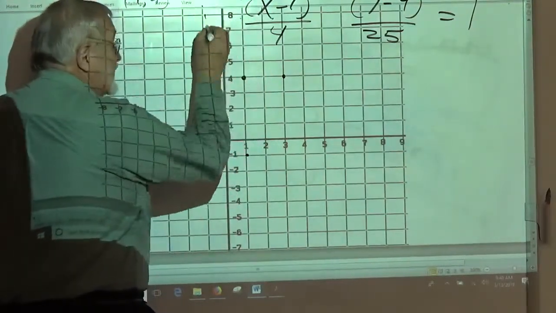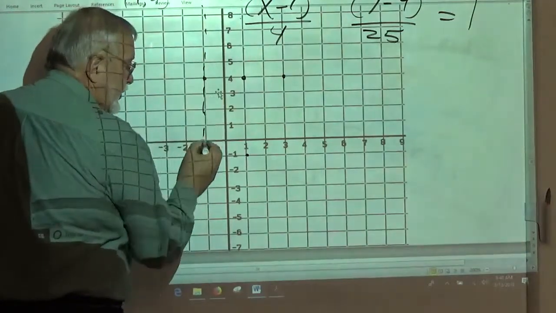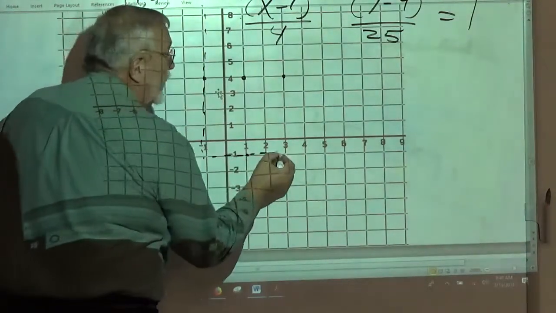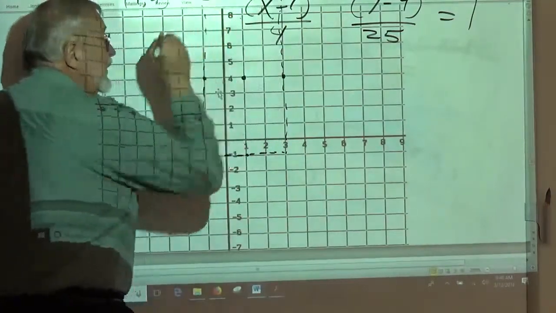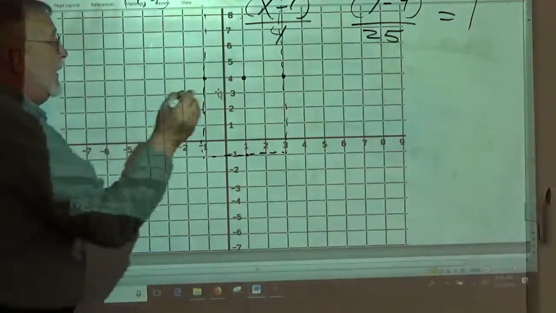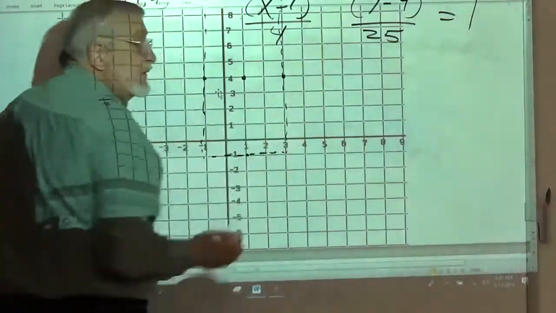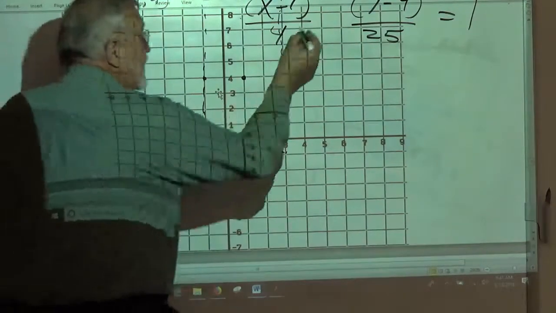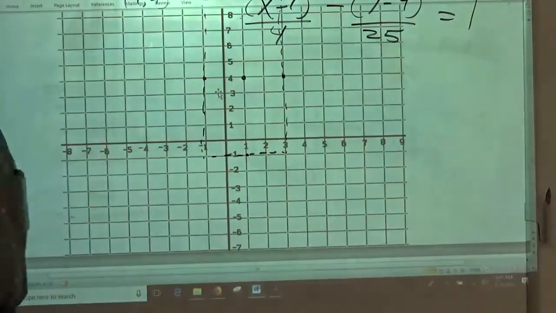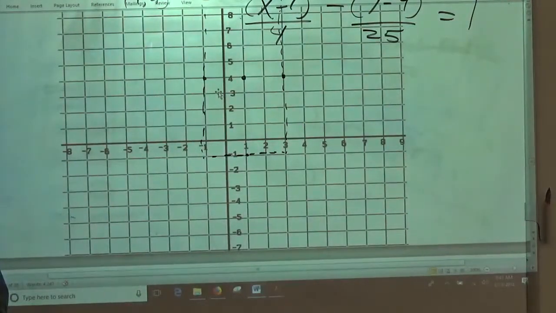Now this box will contain the ellipse if this is positive, plus in between. The box diagonals will form the asymptotes if this is negative and it's a hyperbola.